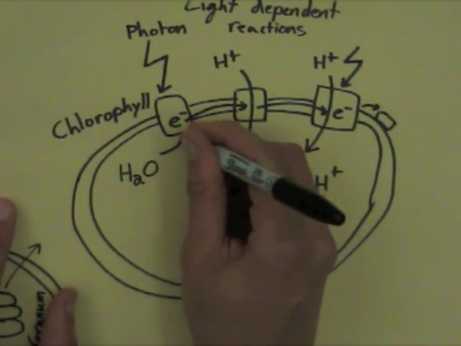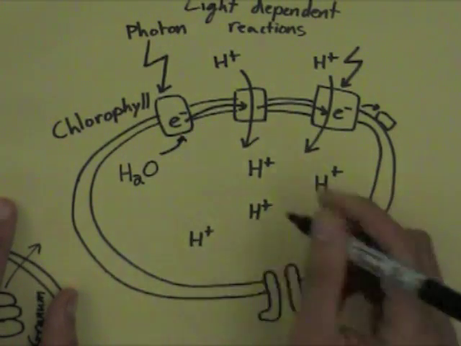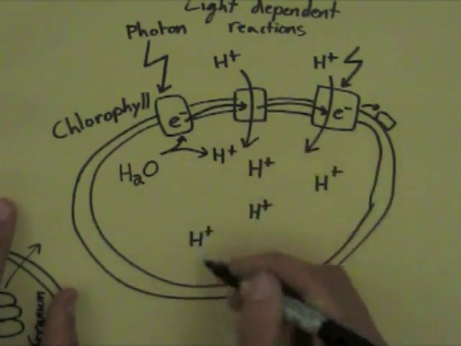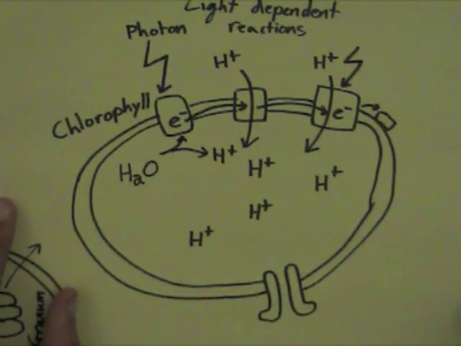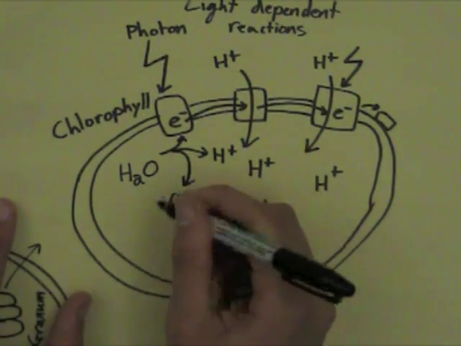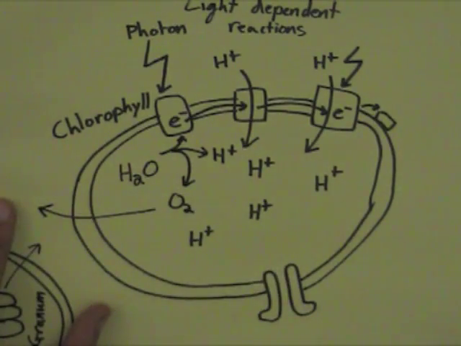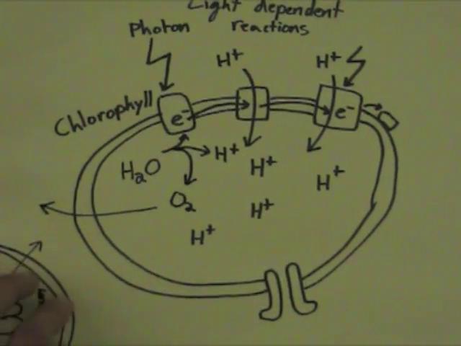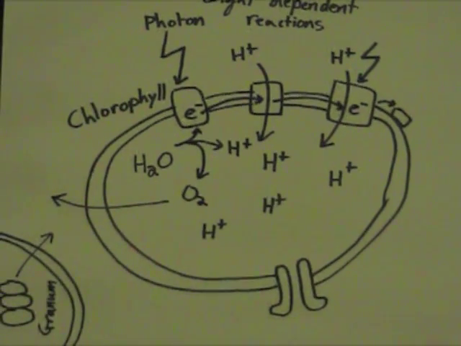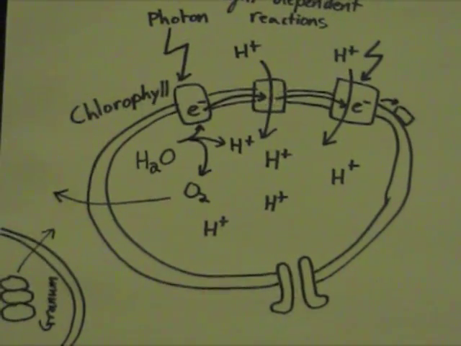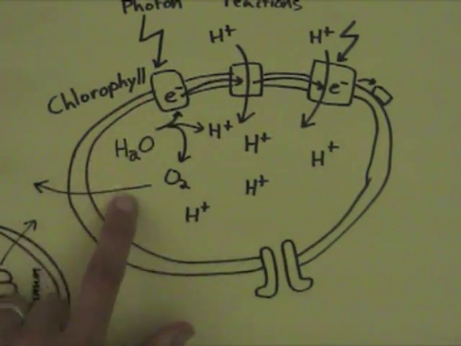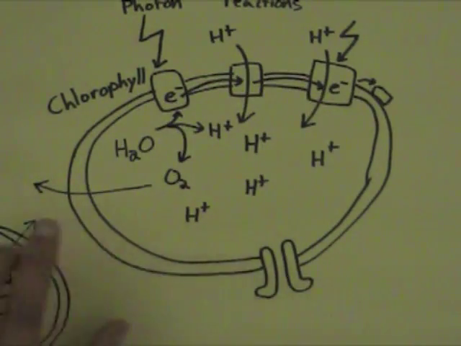Water is split, donating its electrons and producing hydrogen ions, which help to increase the concentration of hydrogen ions in the thylakoid, and oxygen, which will leave the thylakoid and be used for either cellular respiration in the plant or maybe released from the plant, which is very useful for us because, of course, that is the oxygen that we use to breathe.